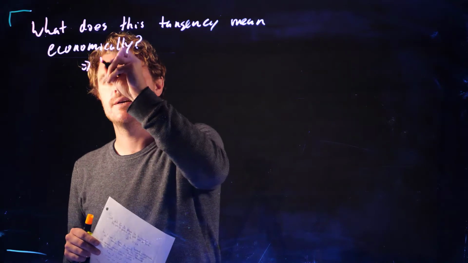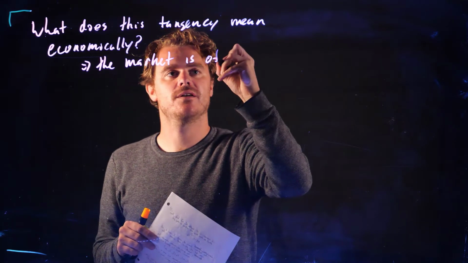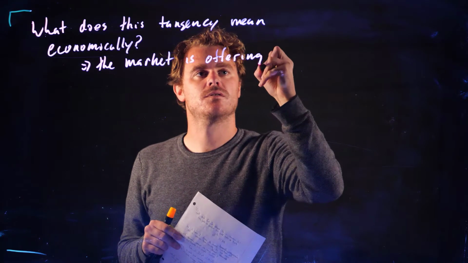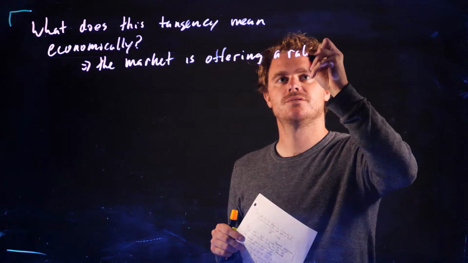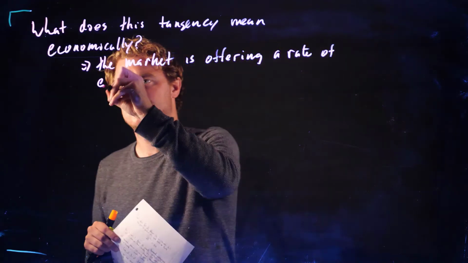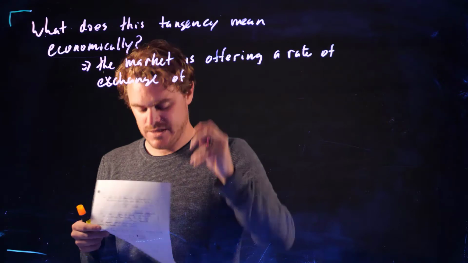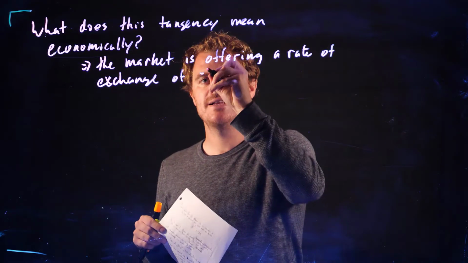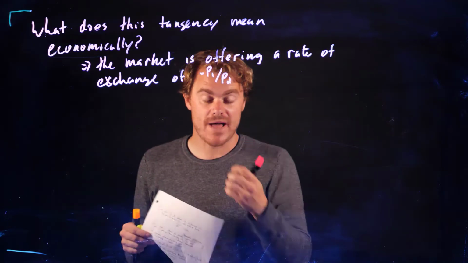So the market is offering a rate of exchange of minus P1 over P2, the slope of that budget constraint.